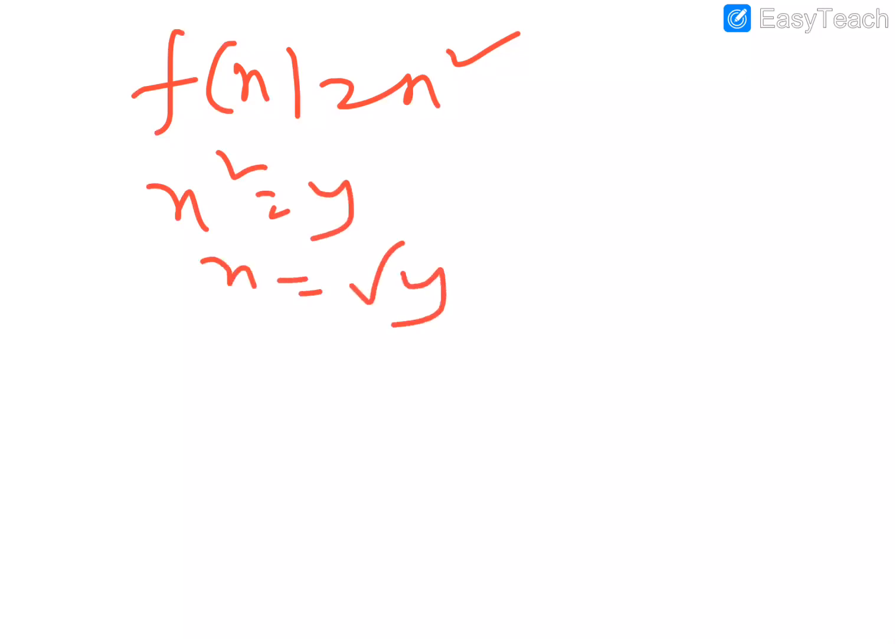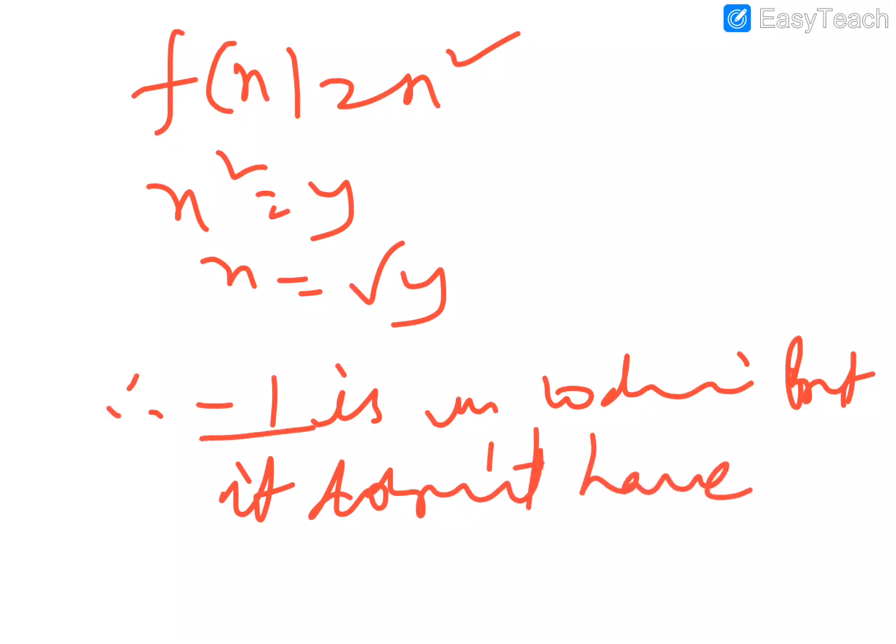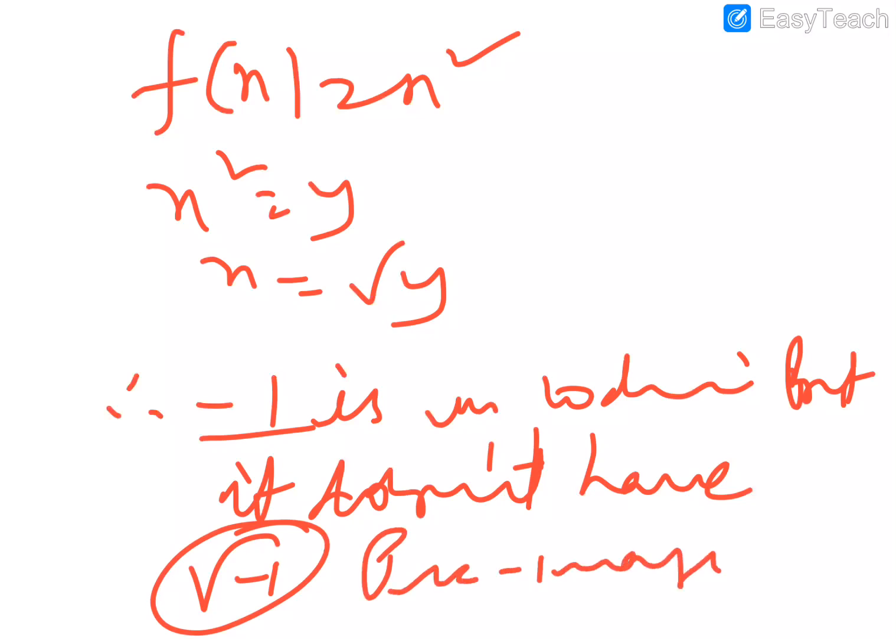So simply here you can write a counter example also. f of x is equal to x square, therefore x square is equal to y, x is equal to root y. Therefore minus 1 is in codomain, but it doesn't have a pre-image. Therefore it is not onto. This way also you can write. So this is how we prove onto function.